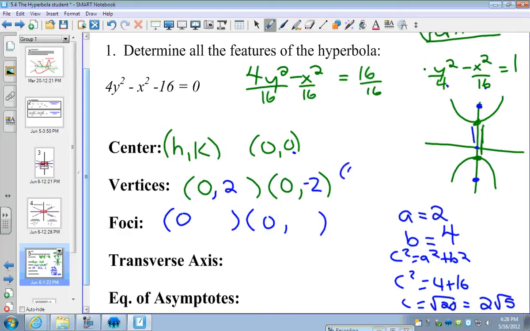I'm going to put 0 plus or minus a there as a note. They are going to be c away from the center, so 0 plus 2 root 5 and 0 minus 2 root 5. Okay, so I'll write that in there. Oh, c. I'm saying the wrong thing. I'm going to circle that.